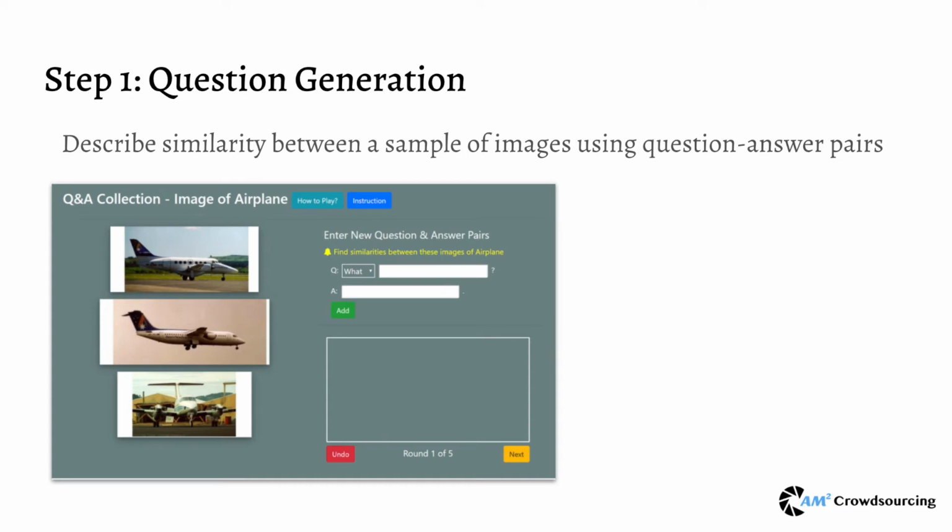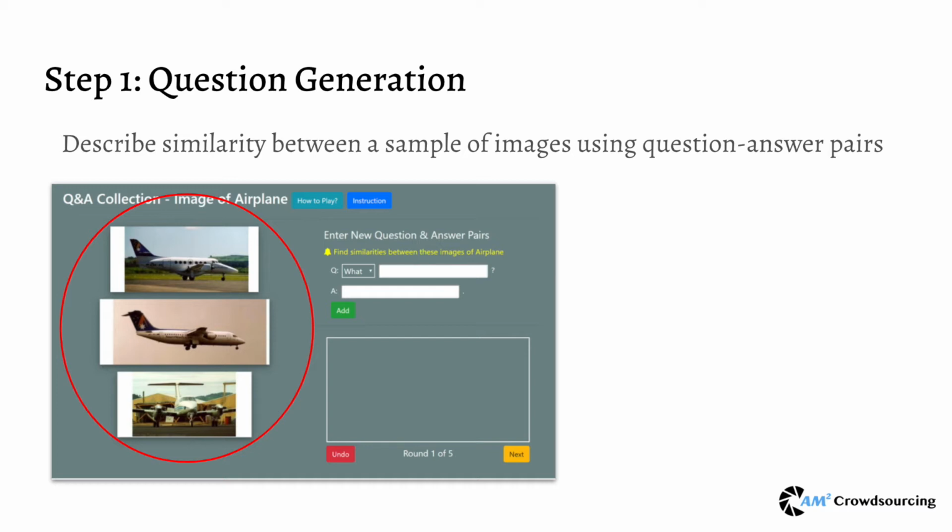In step 1, question generation, we randomly sampled three images and showed them to the workers on the left side of the screen. Workers are expected to find the common features among these three images and then narrate each one of the features into one question and an answer on the right side of the screen.